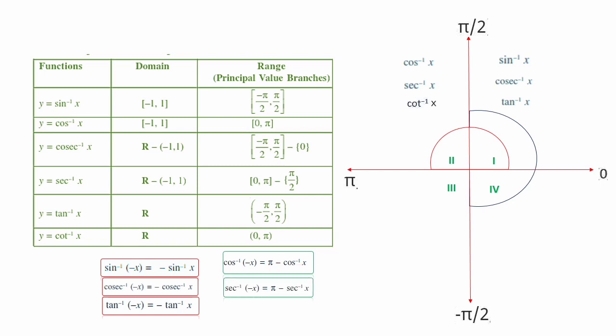Sec inverse of minus x is pi minus sec inverse x, and cot inverse of minus x is pi minus cot inverse x. These are the formulas we used in the last class, so please recall or memorize them before going to the next slide.